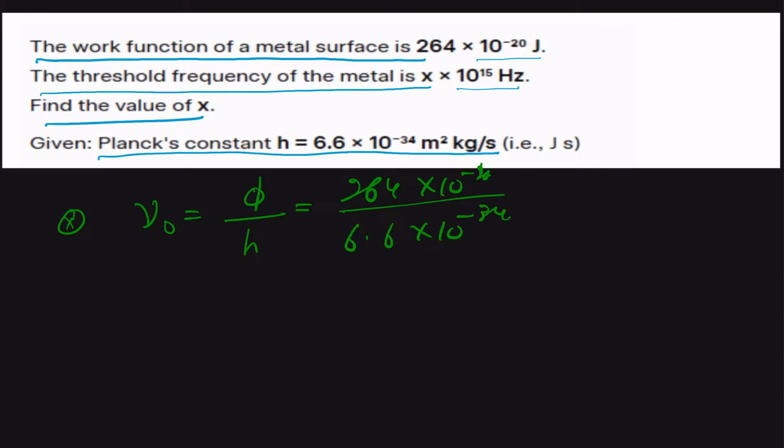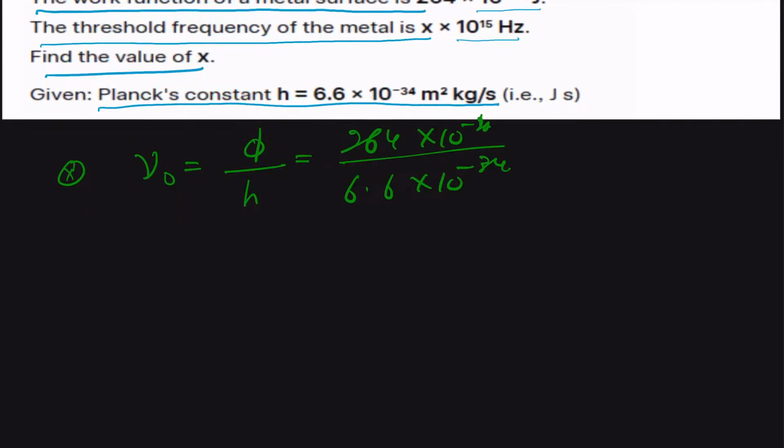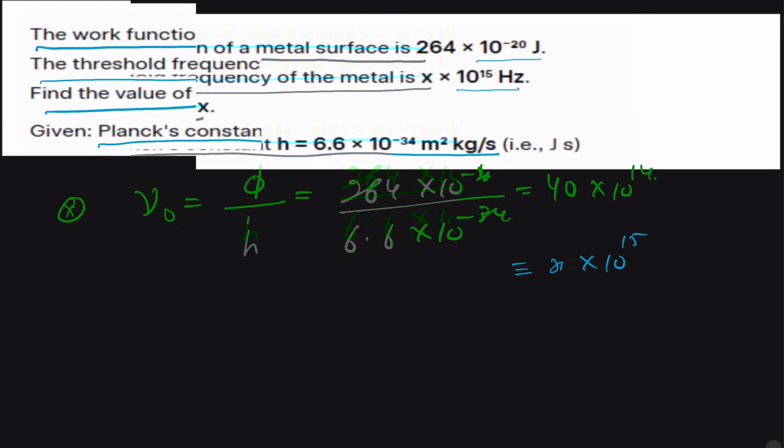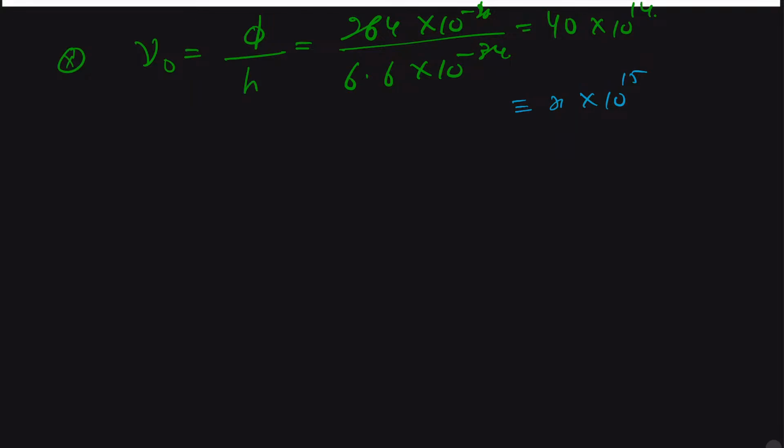And it is given in terms of x, so this will come as 40 into 10 to the power 14. We are given that this is x into 10 to the power 15 hertz, so we can rewrite this as 4 into 10 to the power 15. Therefore the value of x is equal to 4. So this was quite straightforward.